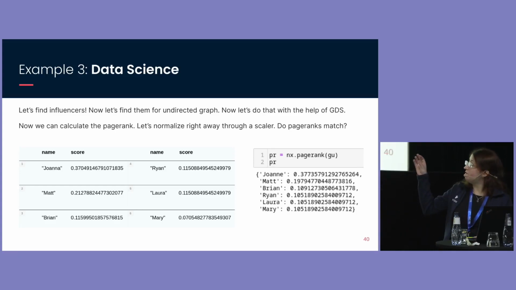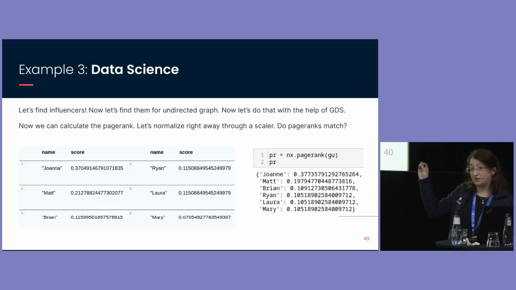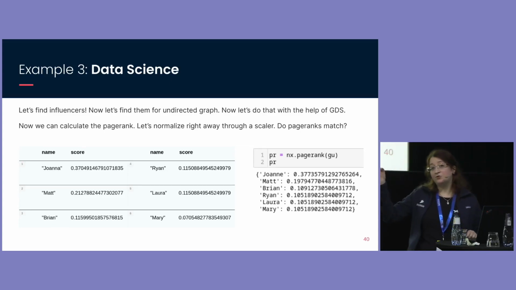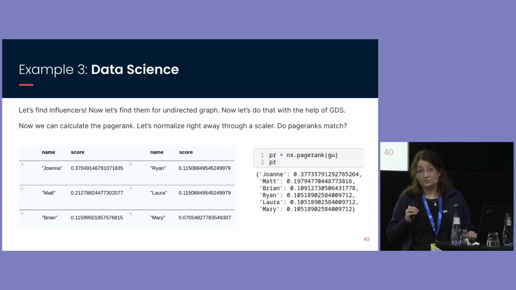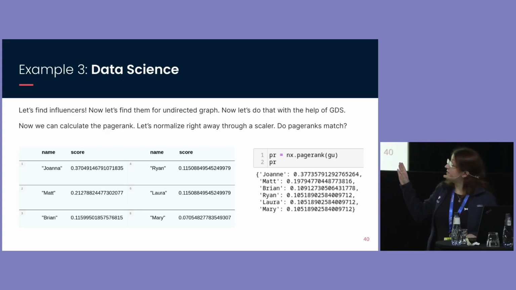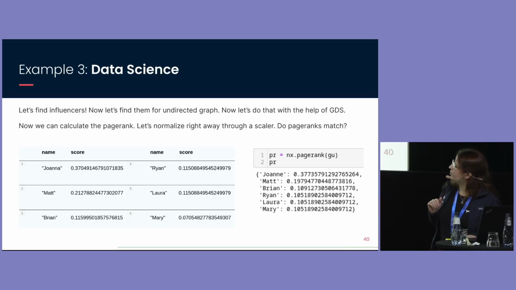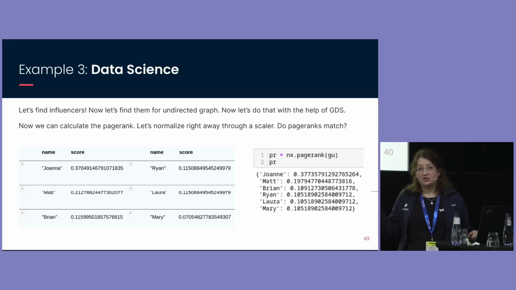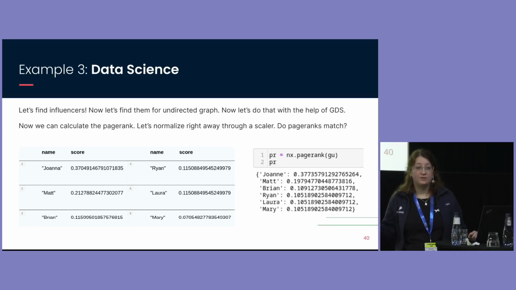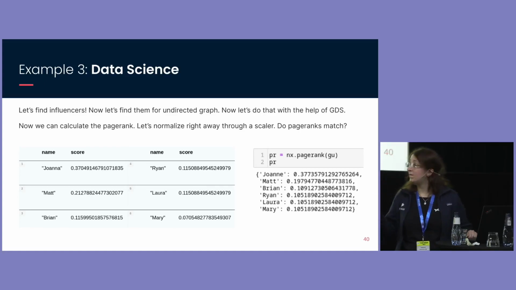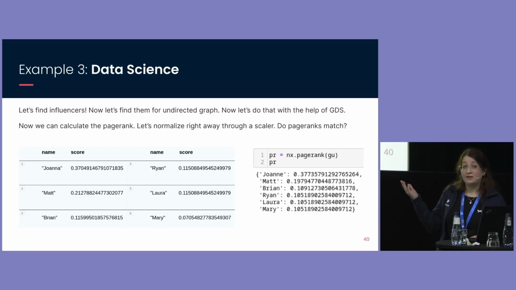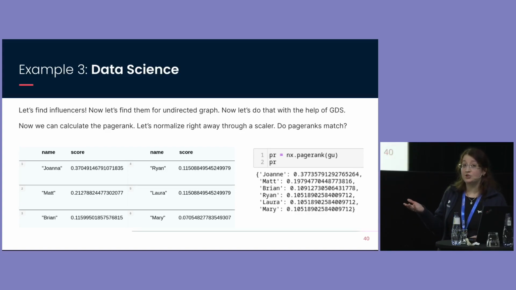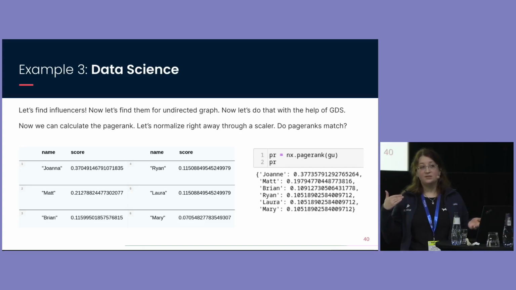So all individual directed relationships were converted into mutual directed relationships. And with Ryan and Laura and Brian, we had a mutual connection between them and another person, so they weren't influenced. But Mary had only one directed relationship, so she ended up having fewer relationships than the rest of the people for our algorithm.